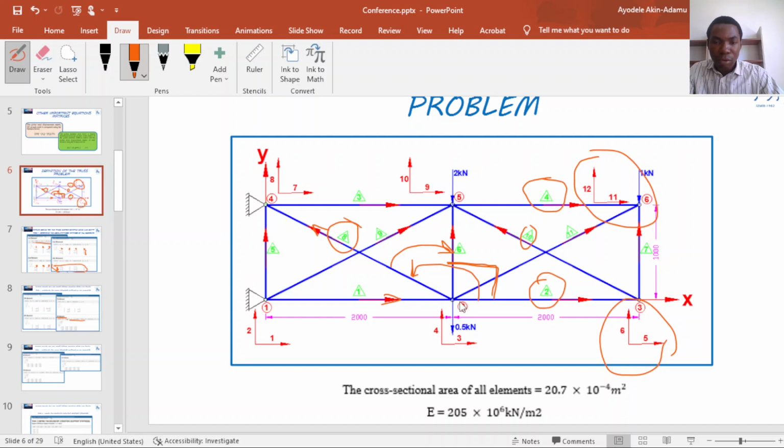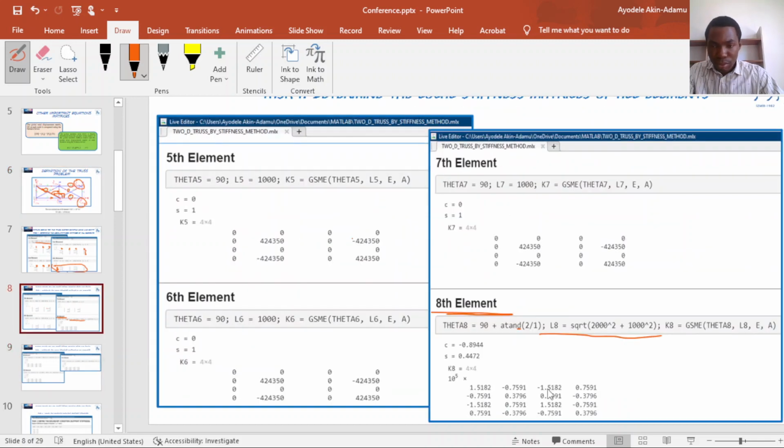So we can compute the length of the line by using the line formula, square root of 2000 squared plus 1000 squared. This Matlab line of code does that.